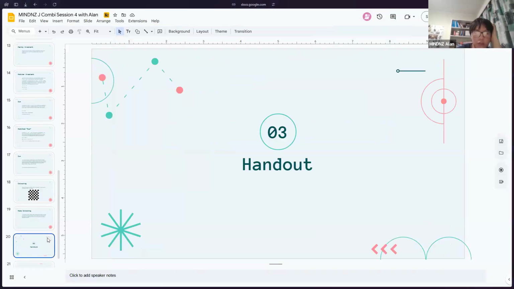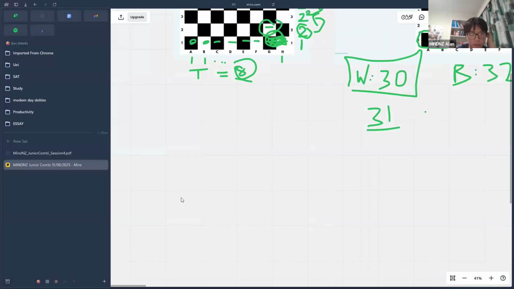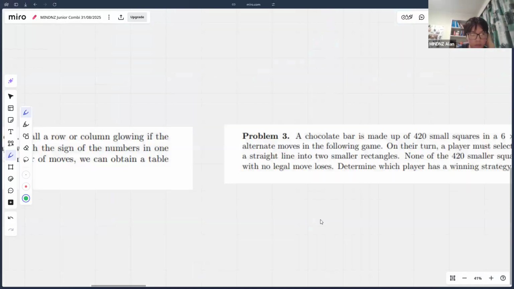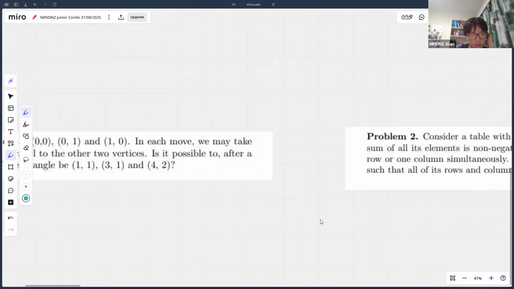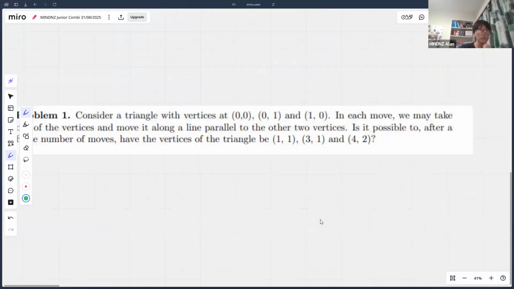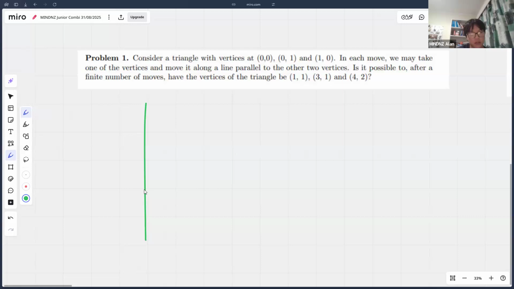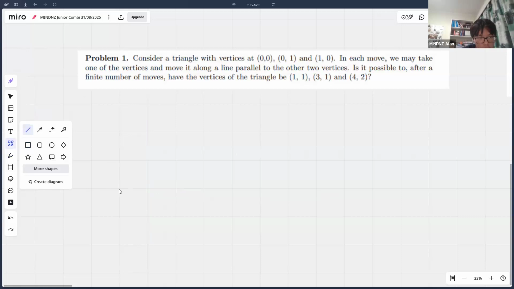So now we'll cover the handout problems. So consider a triangle in the lattice space with vertices. Oh, that was a badly drawn line. Is there a line tool on this? There is.